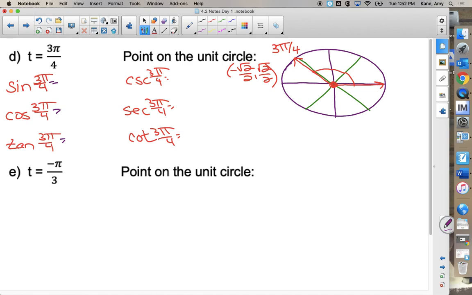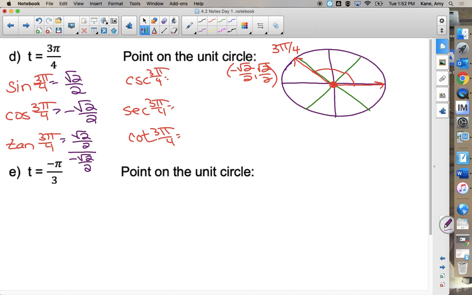Emma, what do you have for the sine of 3 pi over 4? And the cosine? And then the tangent is negative 1 because your y is the square root of 2 over 2. Your x is negative square root of 2 over 2.